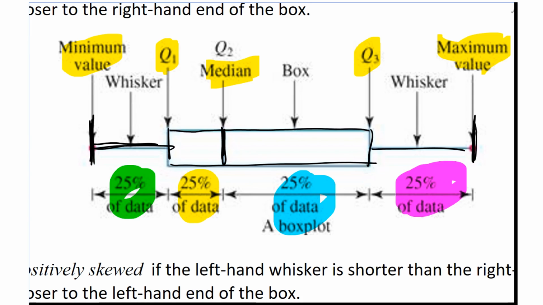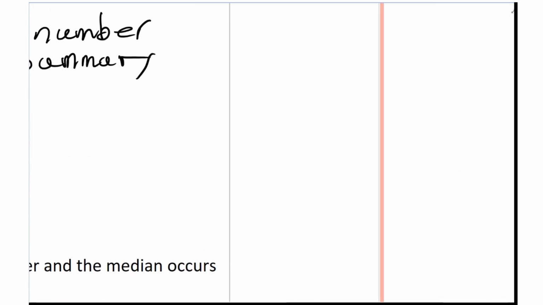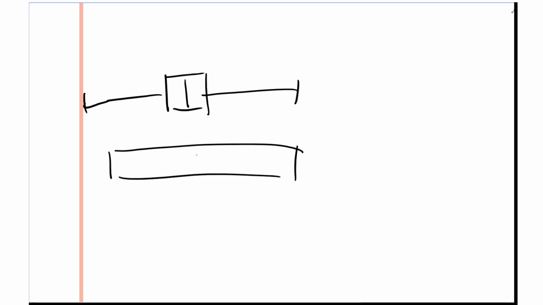The reason I'm emphasizing that is because it doesn't matter if your box plot looks like this, for example, or like that. That is still 25, 25, 25, and 25.